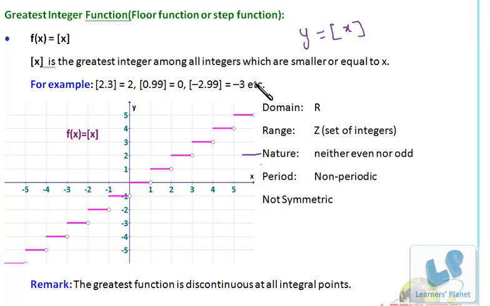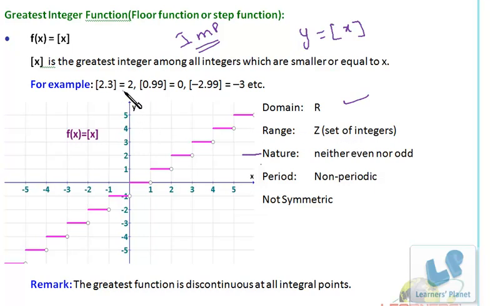Now this graph is going to be very important, as questions based on the greatest integer function are frequently part of competitive examinations. Here the domain is R. Now what will be the range? Because we are just taking the integral part out, the range will always be integral values, right?